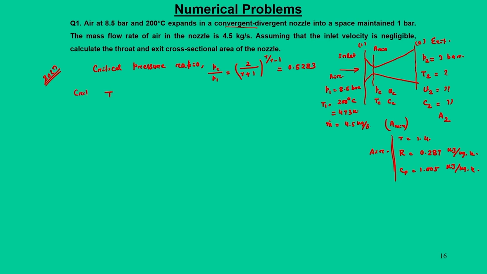Similarly, for the critical temperature ratio, we can find Tc by T1 is equal to 2 by gamma plus 1, and this number is 2 by 2.4 or 1 by 1.2. Since we know T1, we can find Tc as (200 plus 273) divided by 1.2, and this value is 394 Kelvin.